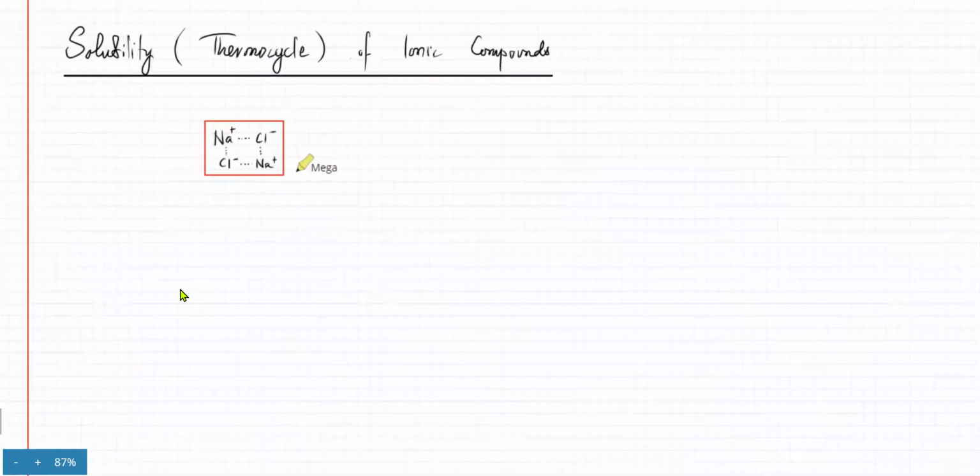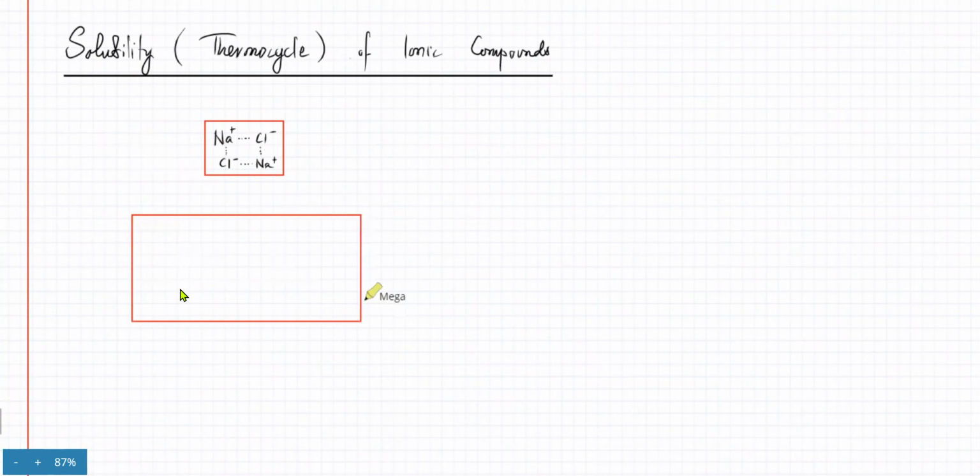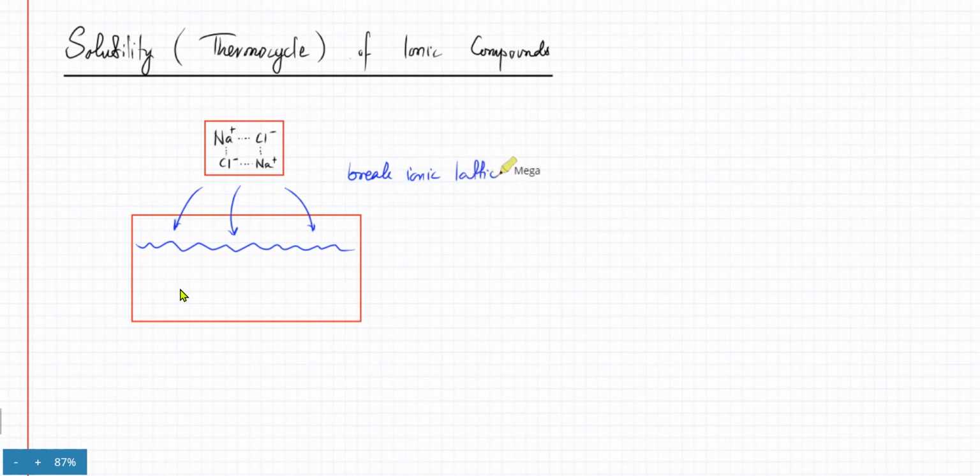And let's say you have a bowl of water, and you're going to try and mix it in the water. The first thing is you stir it and you try to break the lattice. That's why you stir it. Break the ionic lattice. That's the first part.